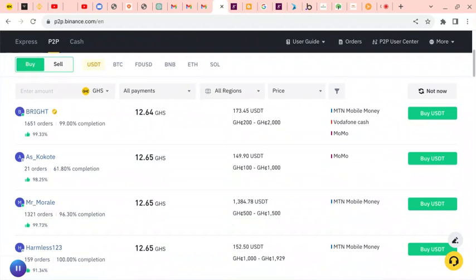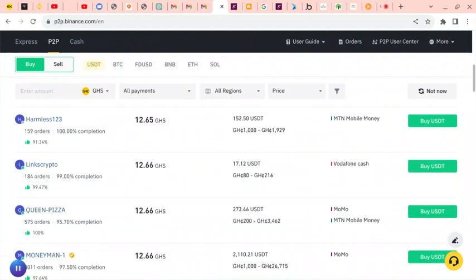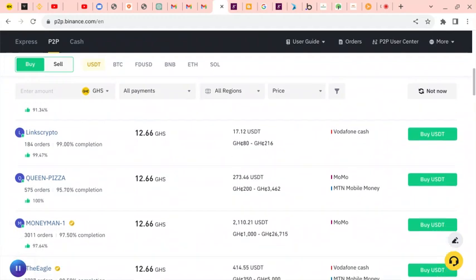This one is 1265, 1266, but it's more. This one's 1266 with 3,000 inside. So let's jump straight with this one. This one is verified, and I'll go with the person who's verified.